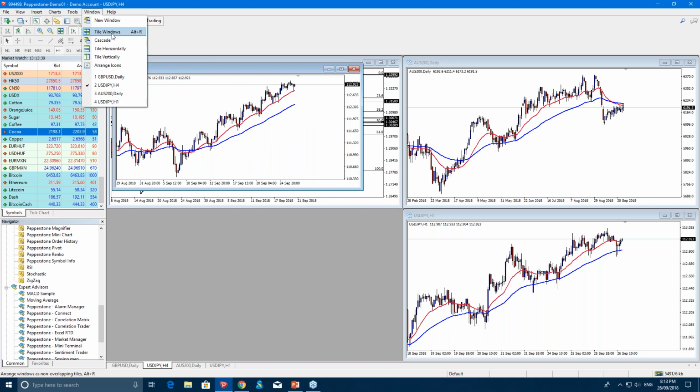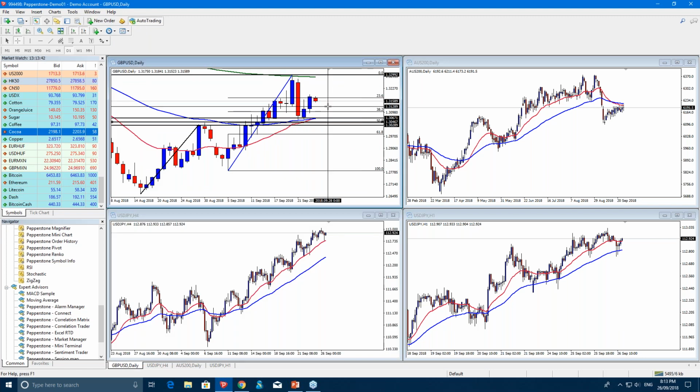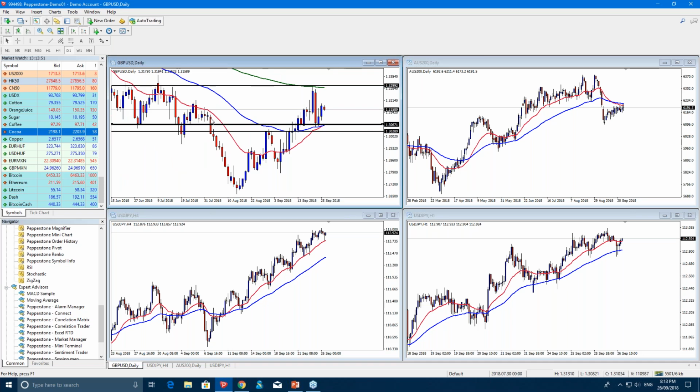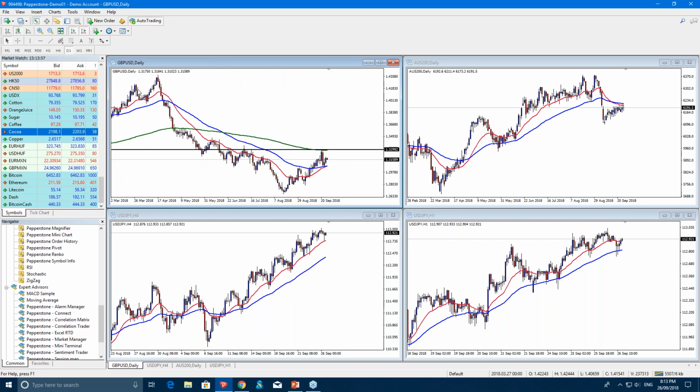Yeah, and the good thing about a template is, we do encourage you to try and keep the color schemes as close. It doesn't matter what color everything is, as long as you understand and attribute whatever color everything is to the right thing. So we always like to have our candles and bars the same color across all of the pairs that we're looking at. I know some people like a bit of a different color combination.